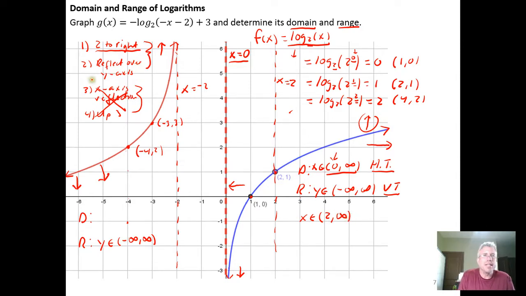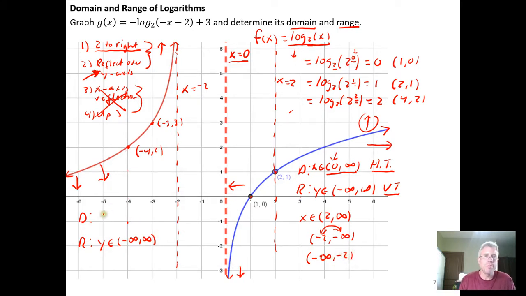But then it says reflect the x values over the y-axis. When you reflect those x values, you're going to get a negation on the 2 and a negation on the infinity. But you can't put negative 2 before negative infinity. You want the numbers in ascending order, so we need to write negative infinity to negative 2.